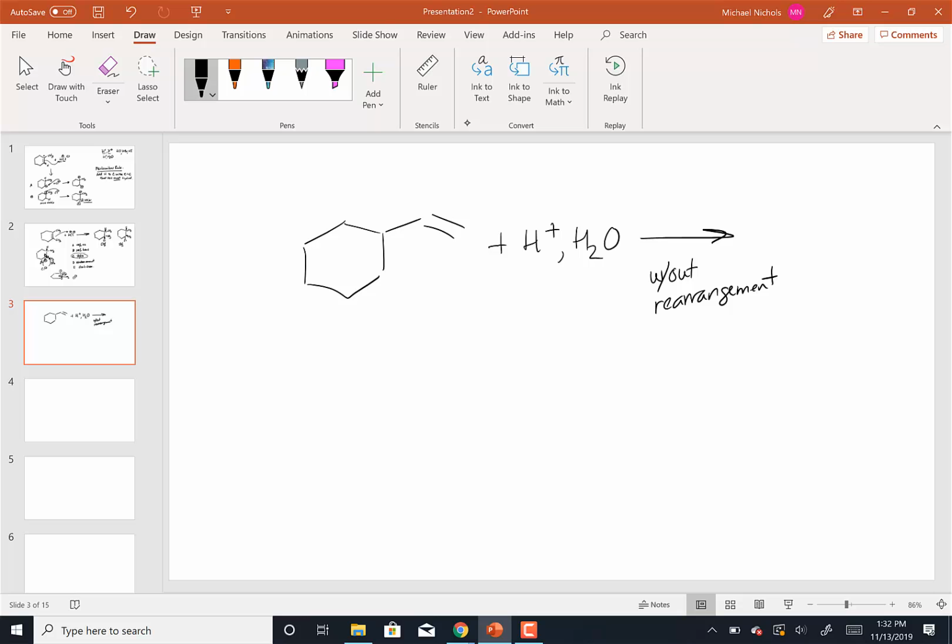Okay. So, take a minute and draw the structure of the major product of this reaction without rearrangement. What would it look like?